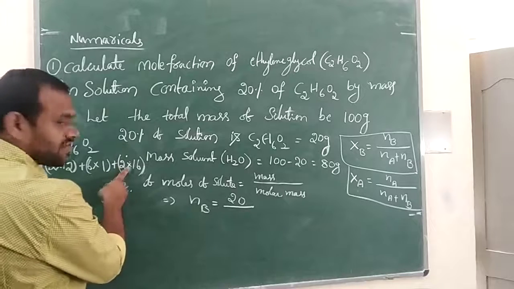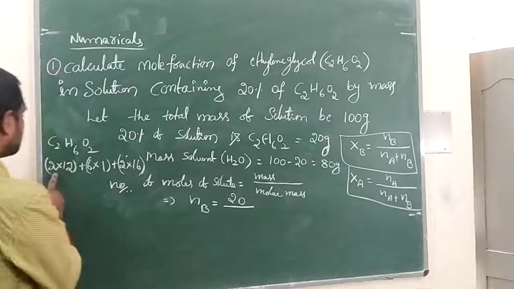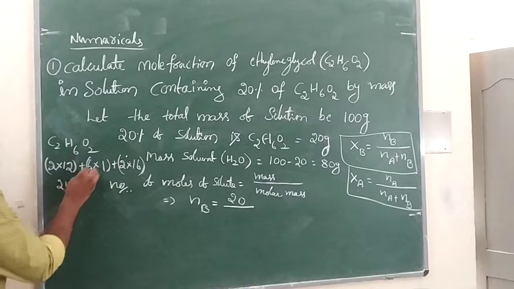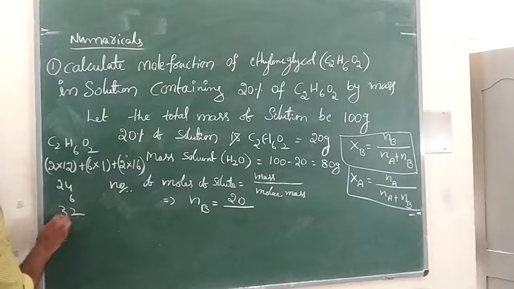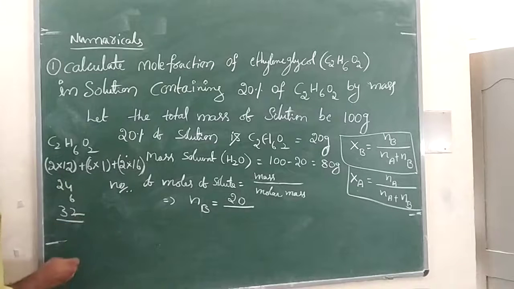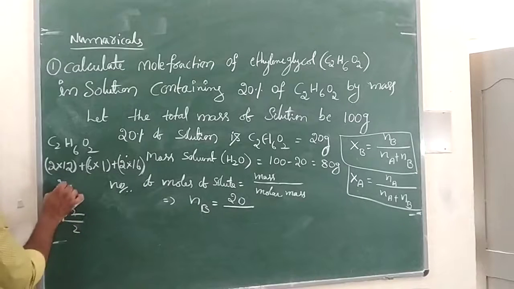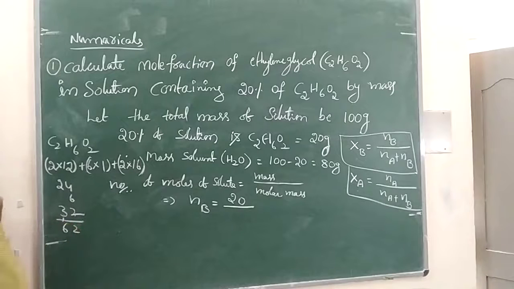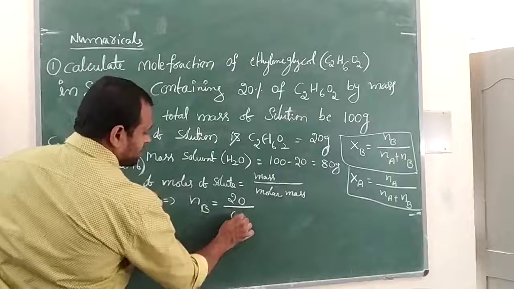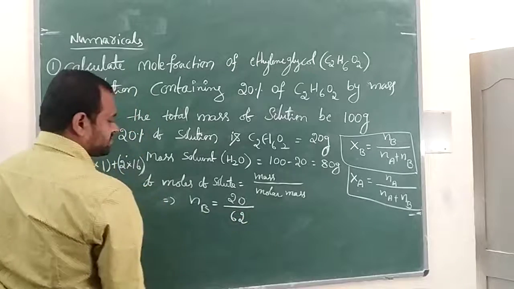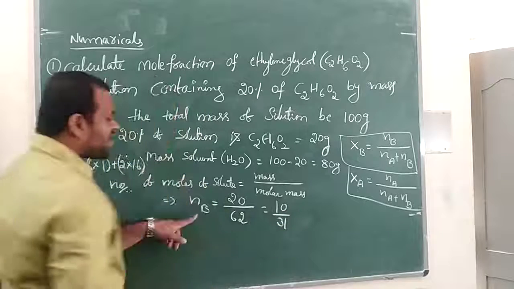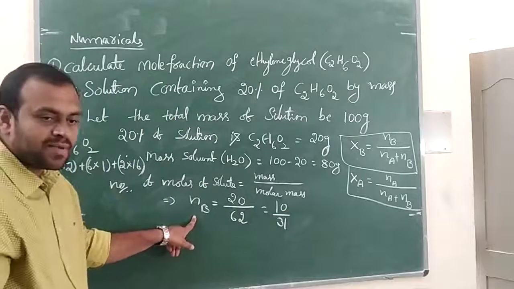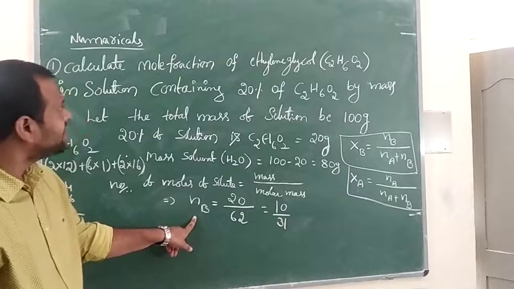And 2 oxygen atoms, its atomic mass is 16. 12 twos are 24, plus 6 ones are 6, plus 16 twos are 32. 24 plus 6 is 30, plus 32 is 62. That implies NB is 10 by 31. Number of moles of solute is 10 by 31.